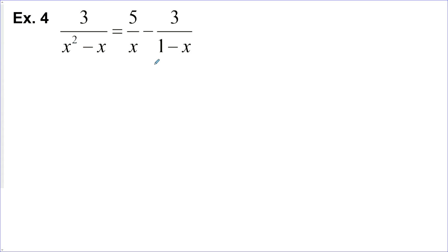Let's start this example off with factoring. So on the left side, we've got 3 is fine, but there's a common factor here, x, leaving us with x minus 1. 5 over x is fine, and this one's almost fine, except this is 1 minus x, and I see an x minus 1.